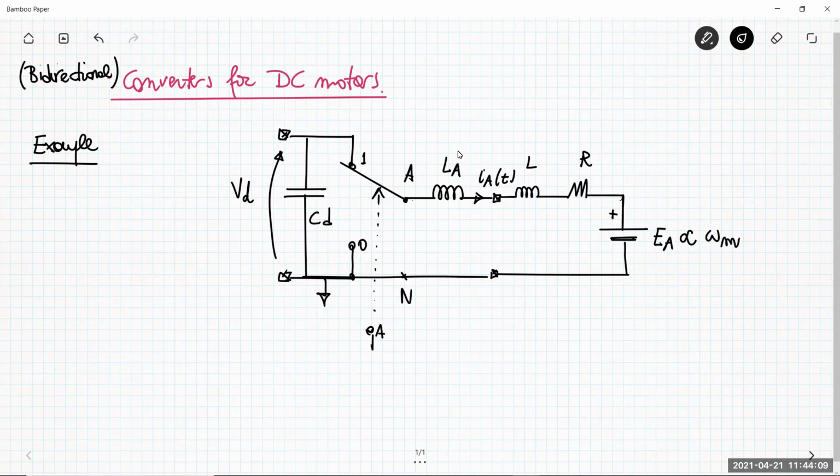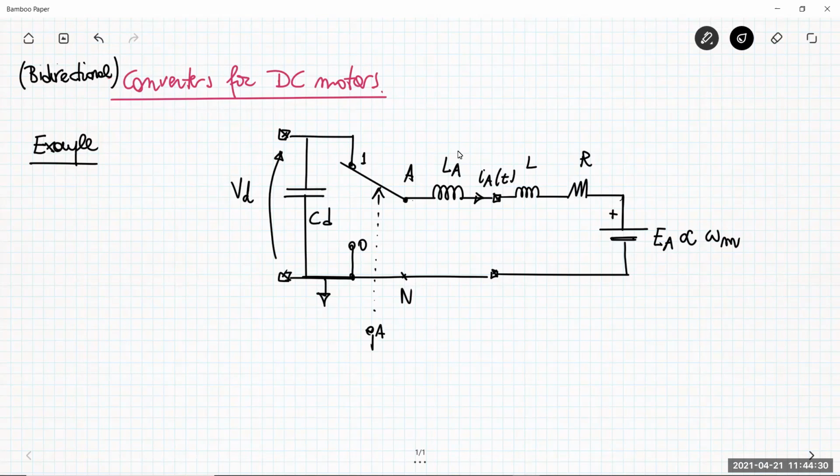We studied the way to model the supply port of a DC motor previously in the lecture devoted just to students in electronics. Students in mechatronics, I think, already know models like these for DC motors.